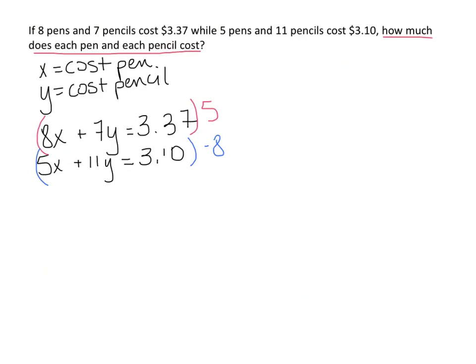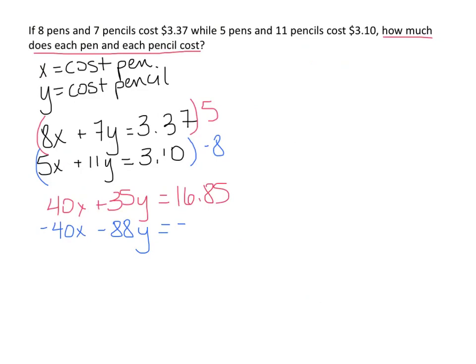So my top equation becomes and then the second equation when I add them together, 40x and -40x eliminate. 35 minus 88 gives me -53y.